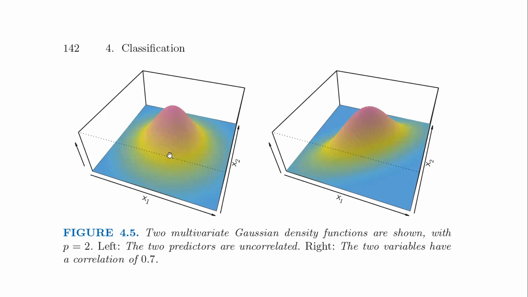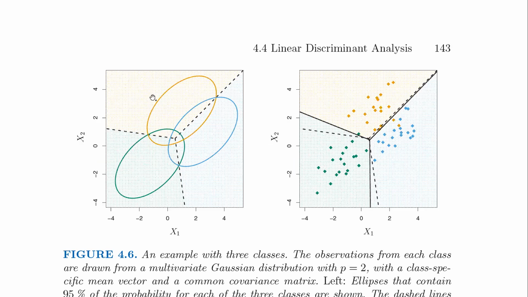It's probably quite difficult to draw the three probability density surfaces, so instead we've just drawn the ellipse for each one. Notice that we're taking the same kind of ellipse for each class, in the sense that the variance and correlation are the same, but the means are different.